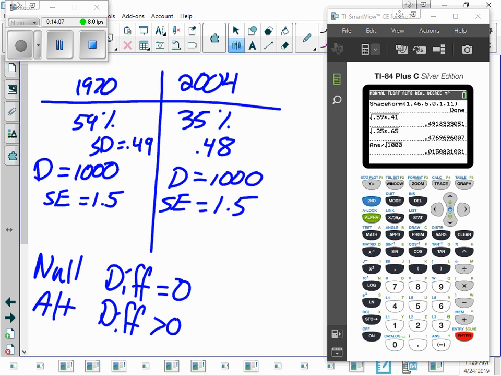Okay. So we expect the difference to be 0. Obviously, the difference in our sample is not 0. It's going to be 59 minus 35, which would be 24. So this is 24.